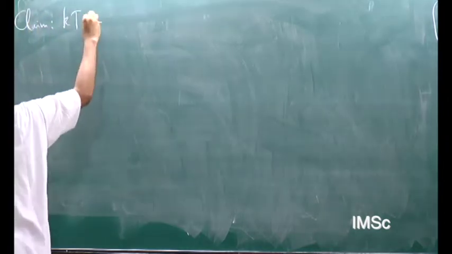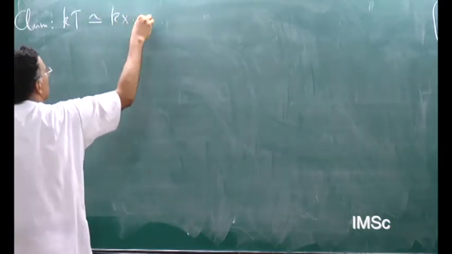So the claim is that I want to show that this is a product of fields. It's enough to show that each one is a product of fields. So claim: KT is isomorphic to that.